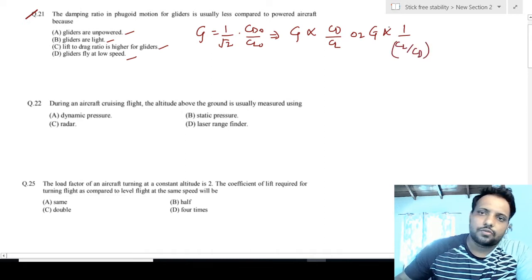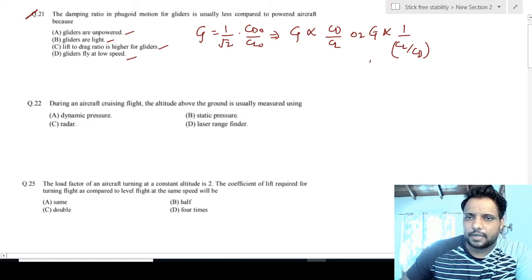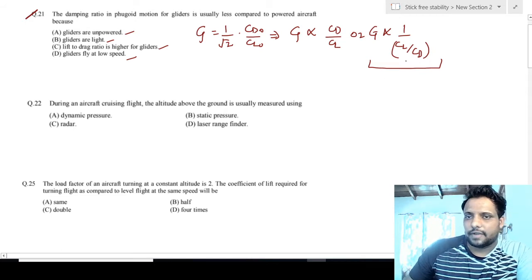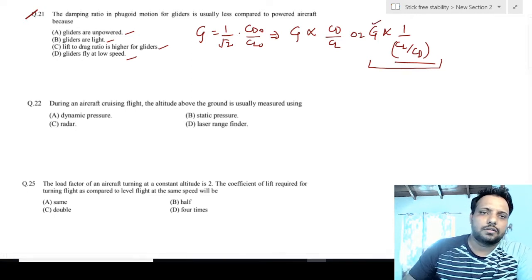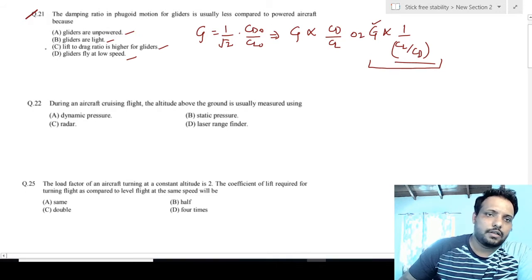Okay. So from here, out of these four options, I can easily relate that damping ratio is inversely proportional to L by D ratio. Okay, so that means if L by D ratio is higher, then damping ratio is going to be lower, and we know that CL by CD is higher for gliders, so that is why option C is the correct option for question number 21.